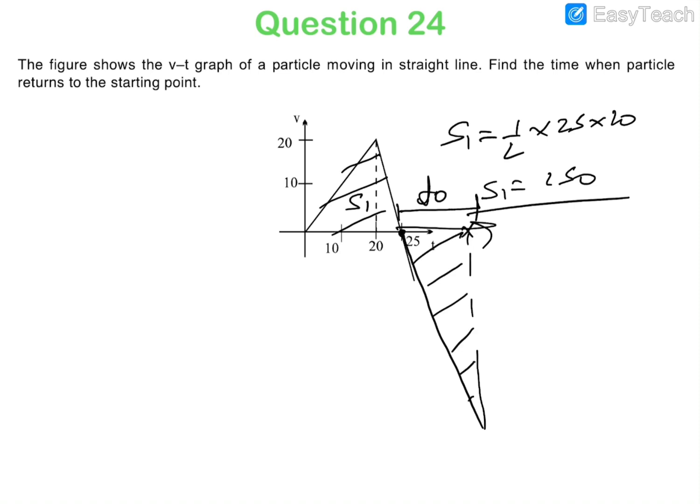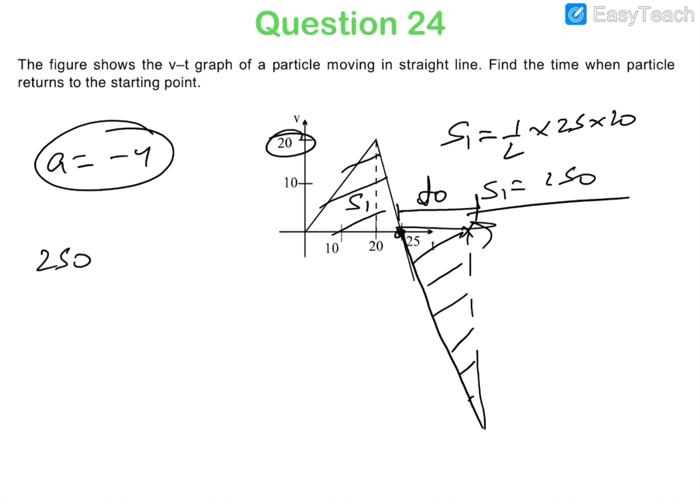So the acceleration is constant through 20 and further time, because this is a straight line that is going in the downward direction, and acceleration is negative. Obviously it is 20 by 5, so it is minus 4, and the velocity at this point is 20. Okay, and velocity at this point is 0. So we have to calculate the time in which the body will cover 250 meters starting from rest.